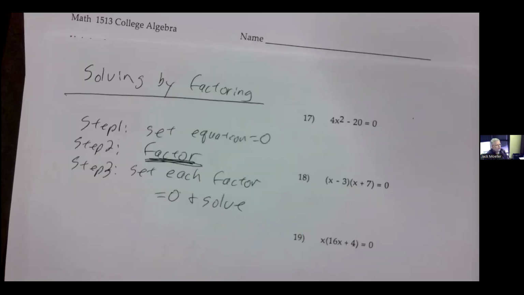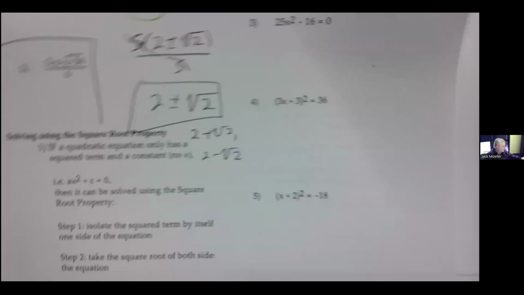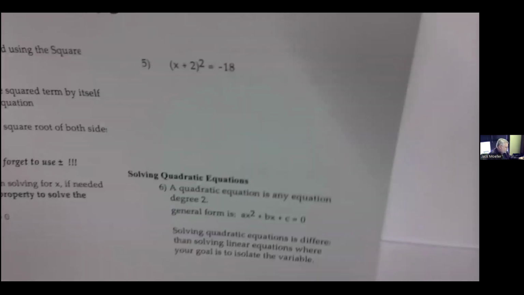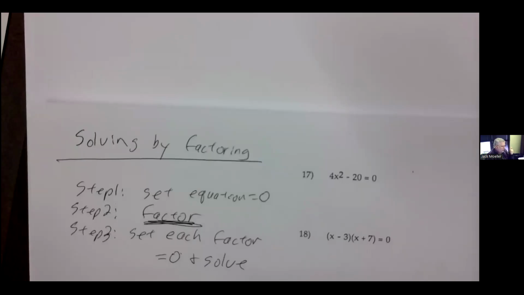The first one is solve by factoring. The second one is going to be using the square root property. And then the third one is going to be the quadratic formula. We'll get to that. So the 3 techniques are solve by factoring, solve by square root property, solve by quadratic formula.